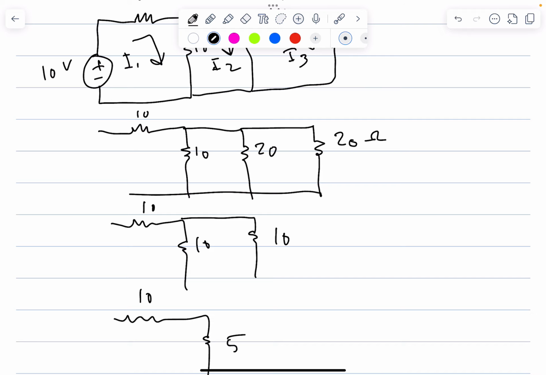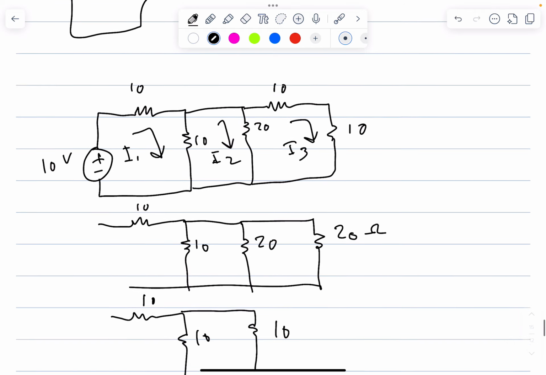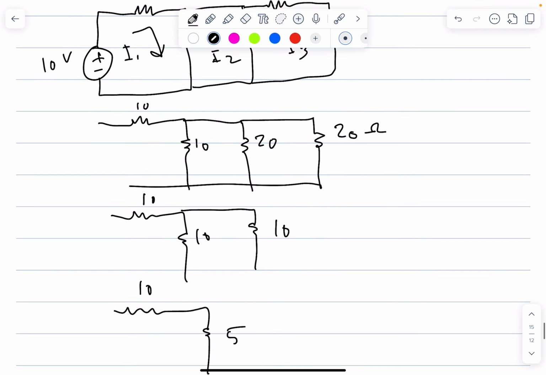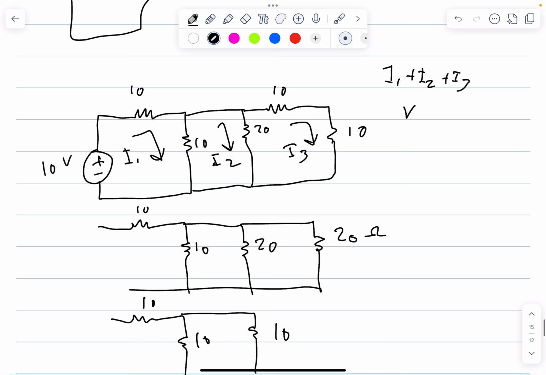This is 10. So the total current, I1 plus I2 plus I3, is equal to V divided by R equivalent of the entire thing. That's not a Q, that's a G. There you go. And my V is 10 volts.